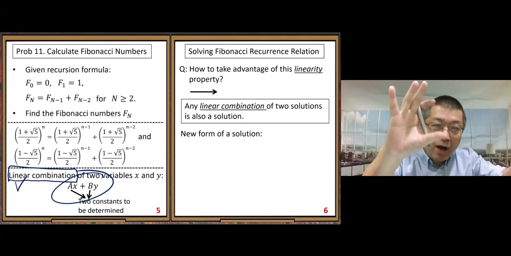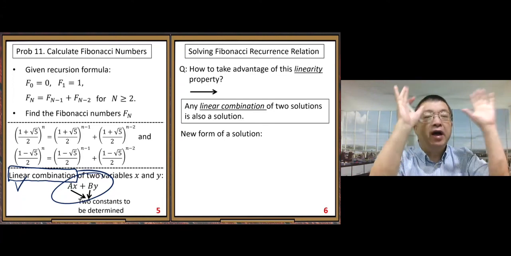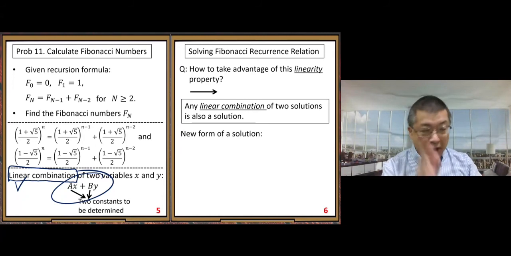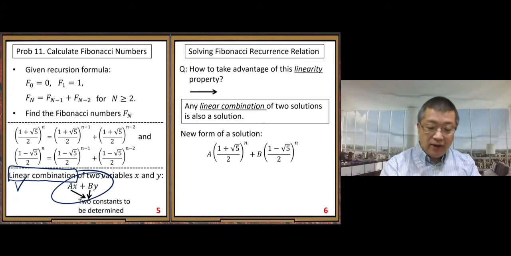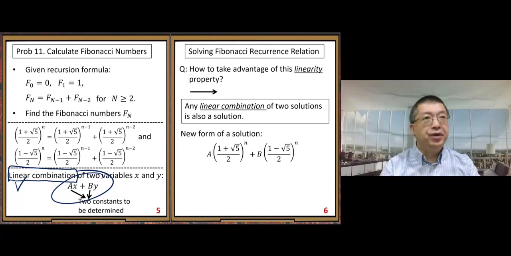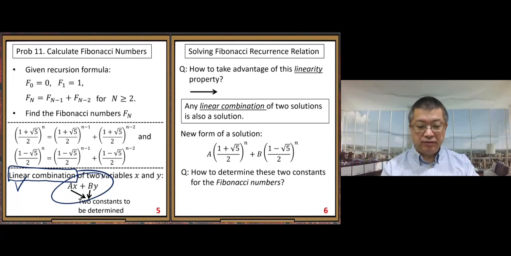So if we do the linear combination of the two special solutions, it should also satisfy the linear recurrence relation. That's the main property. So the new form of the solution is A times the first solution plus B times the second solution. That's our new general form of the solution. A, B could be any constants.